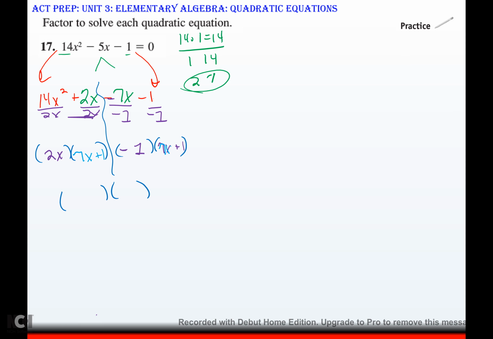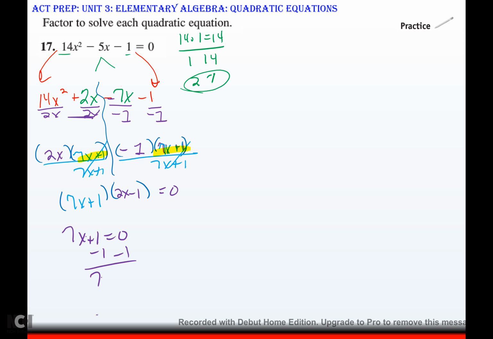And now you can see that my binomials match, which means that's my new GCF. Divide by it, and my purple terms are the ones that are left: 2x minus 1. And then we have to solve it. So I have 7x plus 1 equals 0, minus 1, 7x equals negative 1.